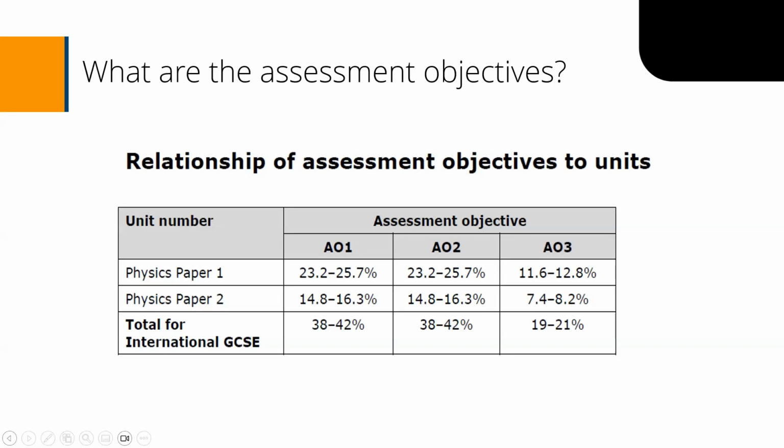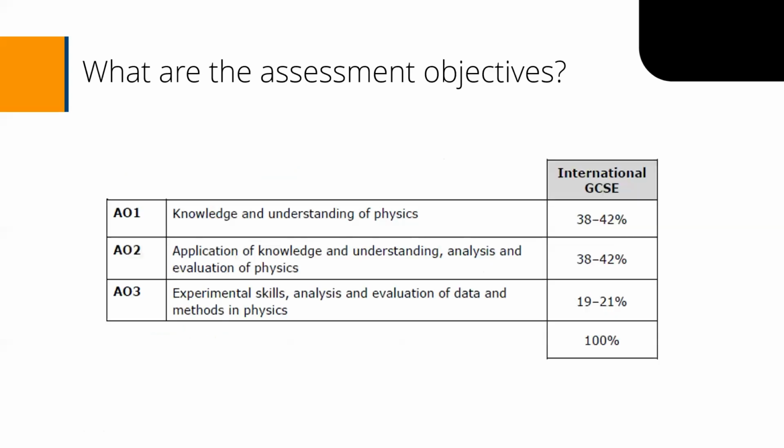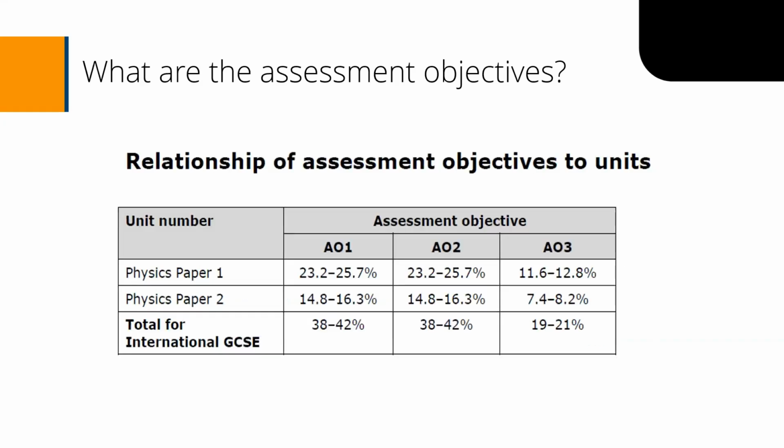So that's why the weightings are slightly different, because if you remember looking at the overall weighting, if I go back yet another slide, Assessment Objective 3 only accounts for between 19 and 21% of the total marks, whereas 1 and 2 are around 40% between them. So it's split slightly differently between the two papers to reflect the fact that paper 2 is including assessment of all the content. Okay. Right. Thank you so much. Thank you.